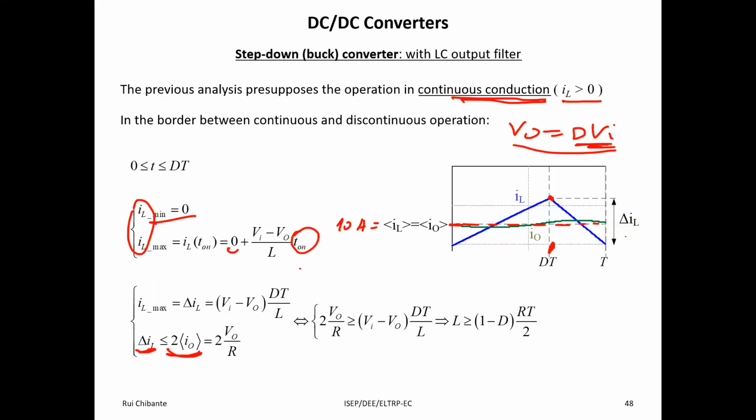If this current variation is 8 amps, so 4 in the higher part, let's say, and another 4 in the lower part, I am in continuous conduction because the minimum is 10 minus 4, so 6, and the maximum 14.